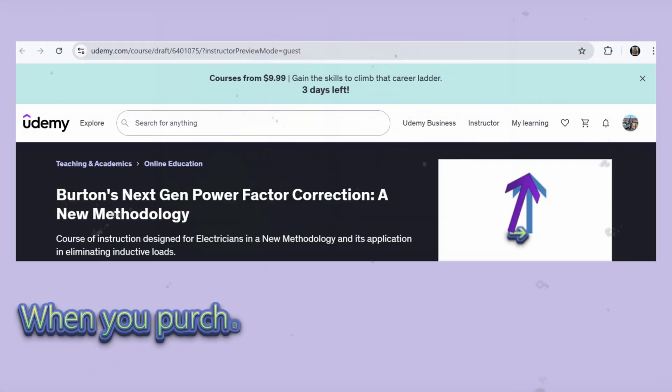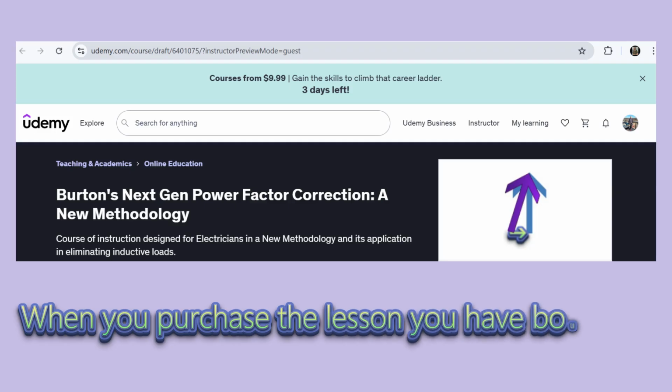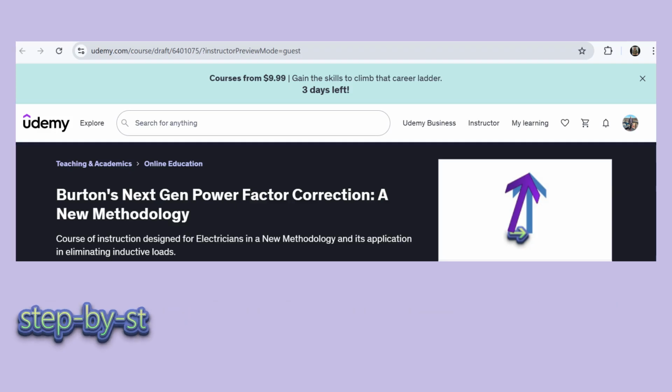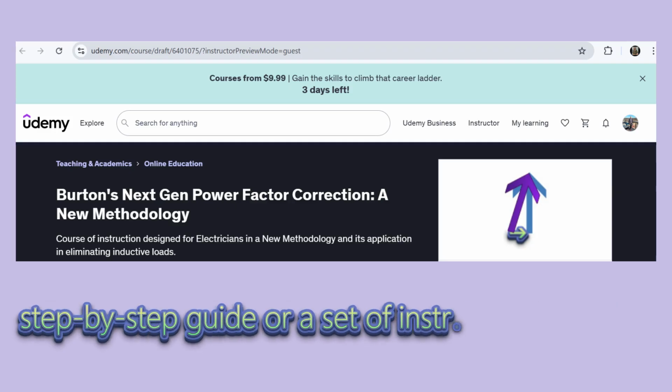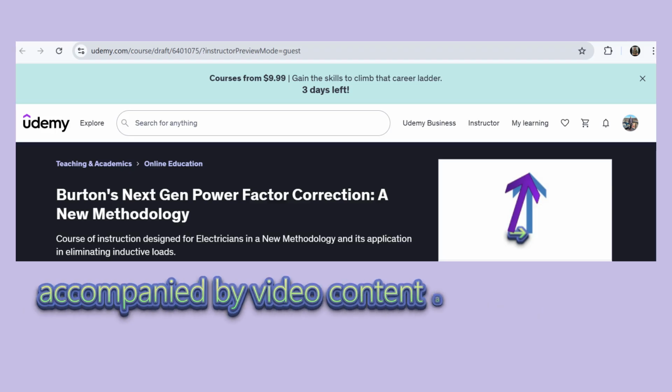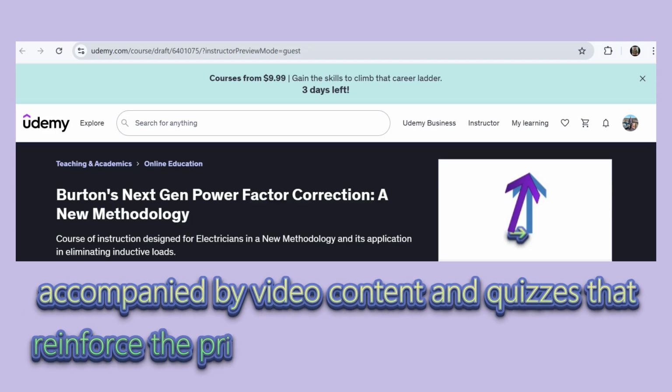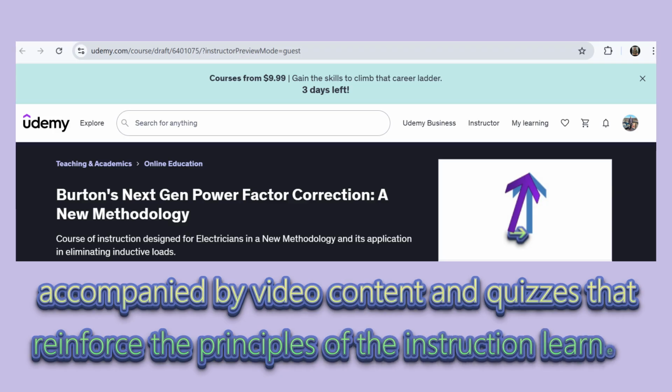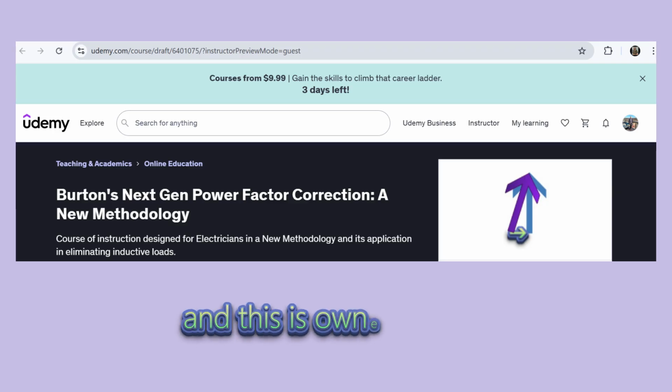When you purchase the lesson, you have bought a step-by-step guide or set of instructions to follow, accompanied by video content and quizzes that reinforce the principles of the instruction learned. And this is owned by you for life.